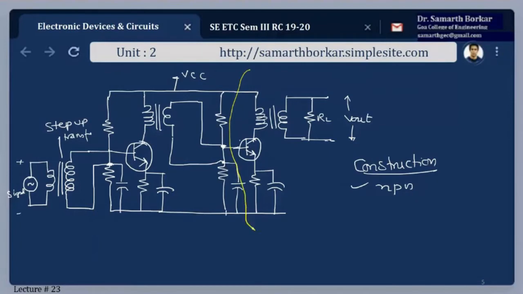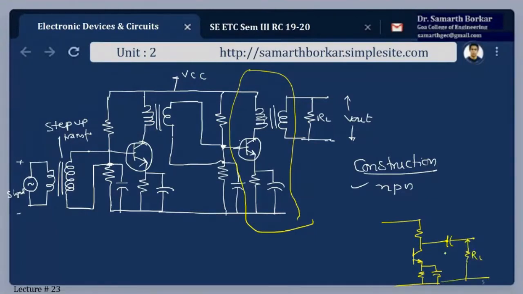This is the second stage. Now in the RC coupled amplifier, instead of this, I'm going to have a resistor here, and the output is taken from this terminal. A capacitor is connected here, and then we connect RL across the VC terminal. This is how the output is taken.